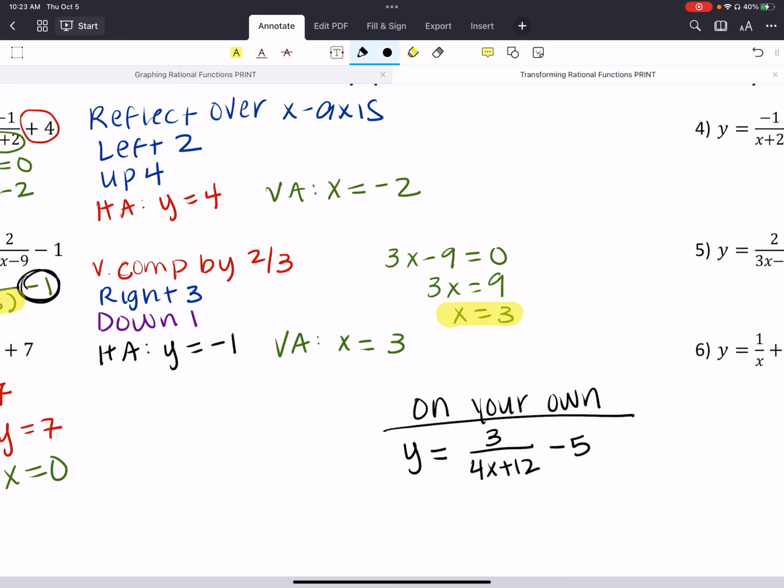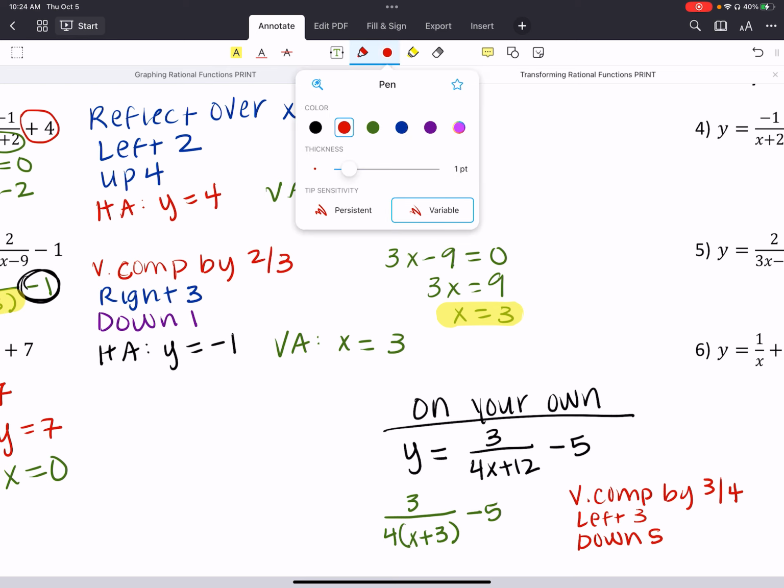So the first thing we're going to do is rewrite our problem, taking out a GCF on the denominator. So we're going to take a 4, and we're left with x plus 3. And then we bring down that minus 5. So then we write our transformations. So we're going to say vertical compress by 3/4. We're going to go left 3, down 5.